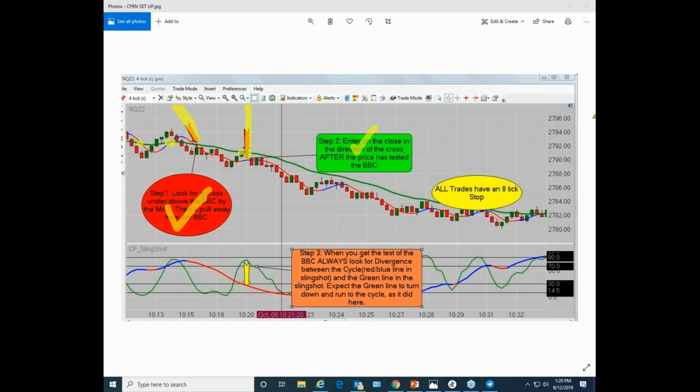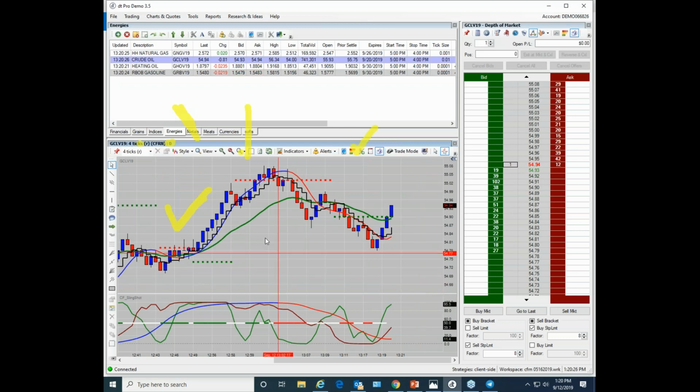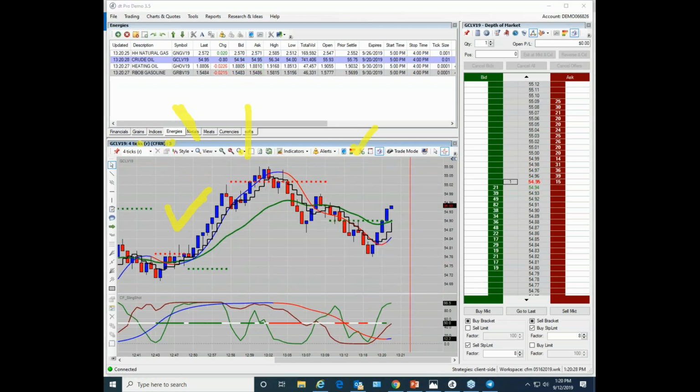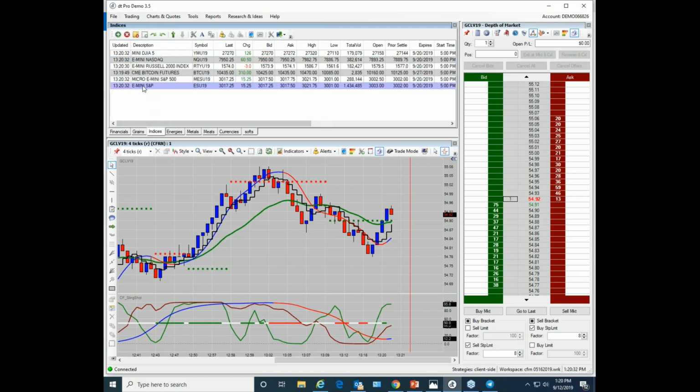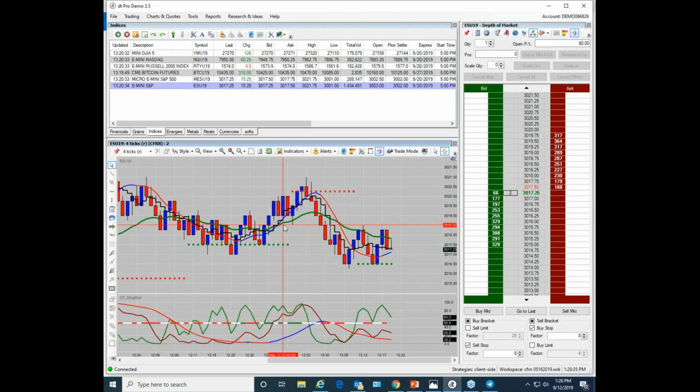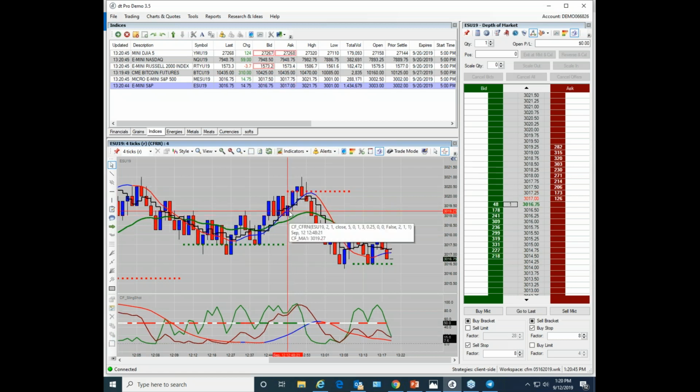If we have a bullish cross, let's see if I can find an example here real quick for you. If we get a bullish cross here, then what you're looking for is a touch, and then a blue or green candle, a close in the direction of the trend.